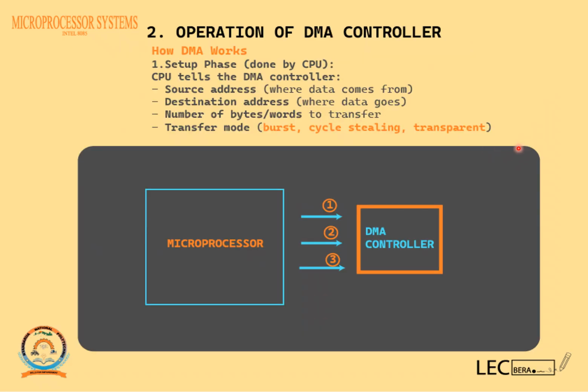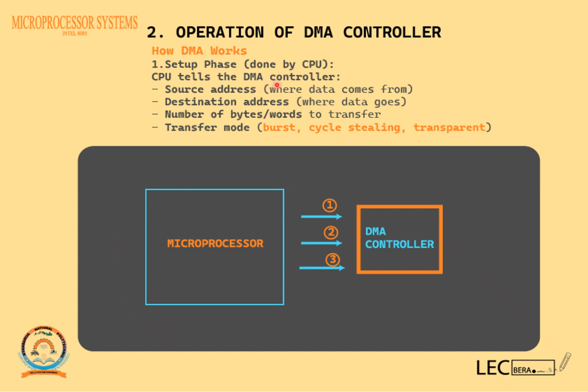Now that brings us to another session, whereby it's very important for us to understand how the DMA controller works in collaboration with the microprocessor. So the first thing which normally happens is the setup phase, and the setup phase is done by the CPU, that is the microprocessor. The microprocessor is going to initialize the data transfer through DMA, that is direct memory access.